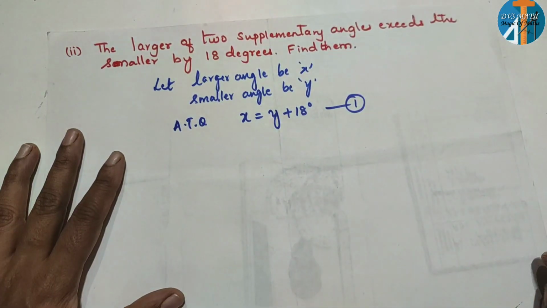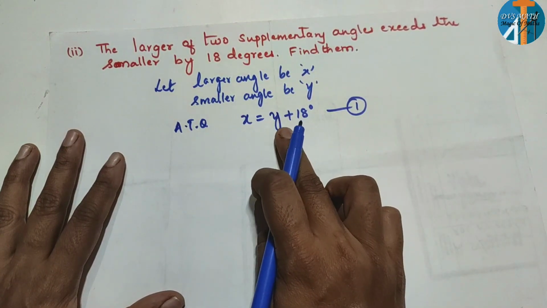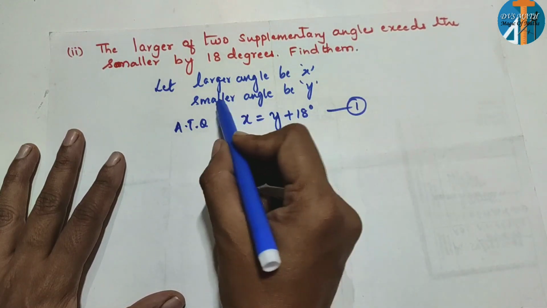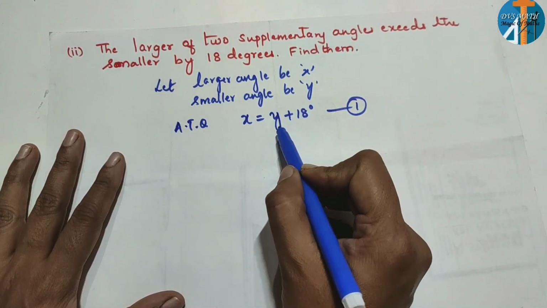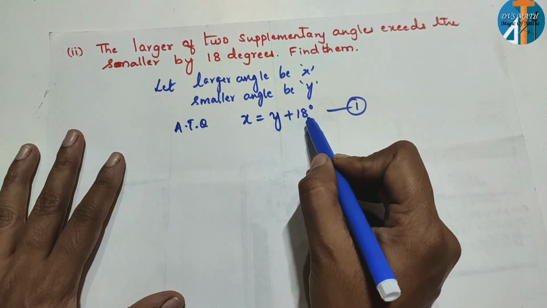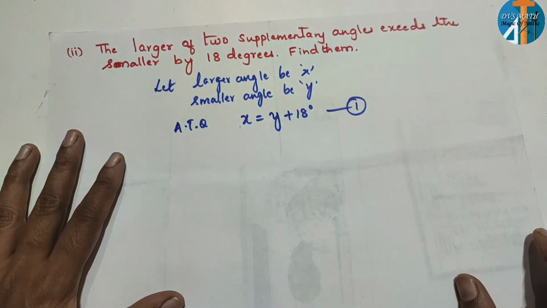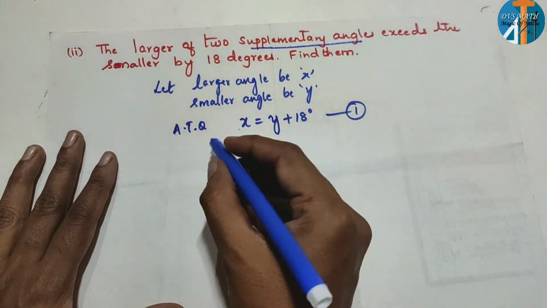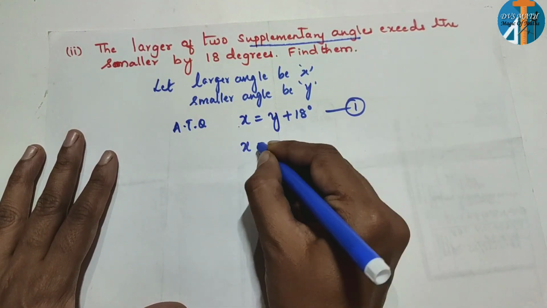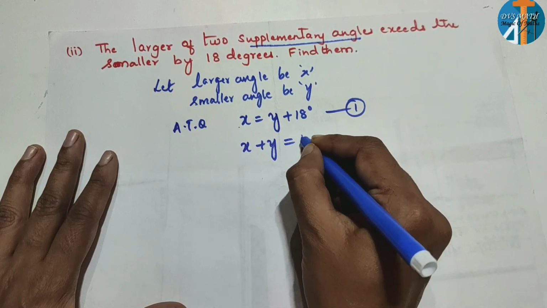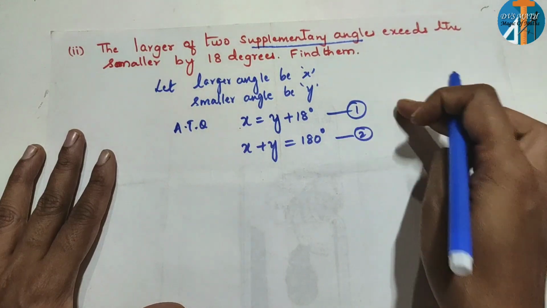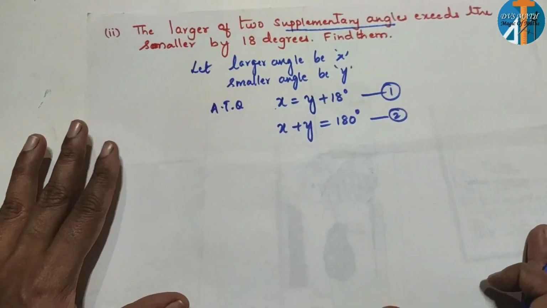Consider it as equation 1: x is equal to y plus 18 degrees. For y, if you add 18 degrees, that will be equal to the larger angle. Then the supplementary angle they have given means x plus y, the sum of two angles, is equal to 180 degrees. This is equation 2. If you solve these two equations, we will get these two angles.